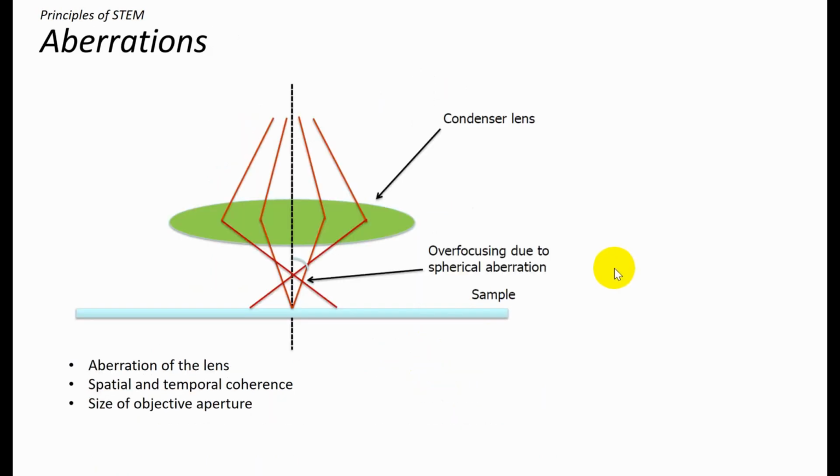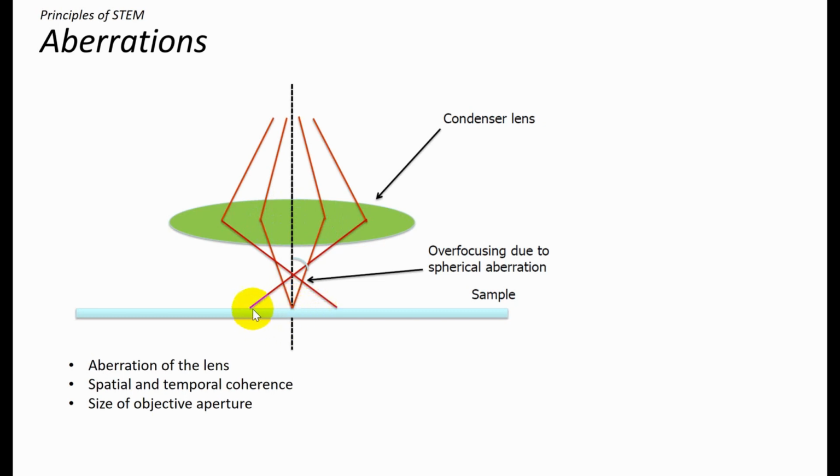But the problem is, as you know, the lens is not always perfect. The lens has intrinsic imperfection, which causes aberrations. Imagine we are using one lens to focus the incoming electron beam on the sample, but the outside can be focused more than we wanted while the inside is in focus.